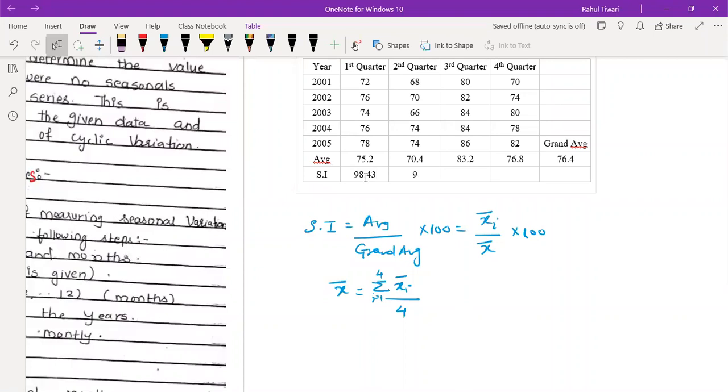What about the next one? 92.15. Just cross check whether this is right or wrong. The first one is 98.4293. Okay, next one.